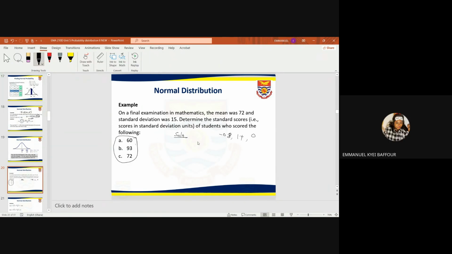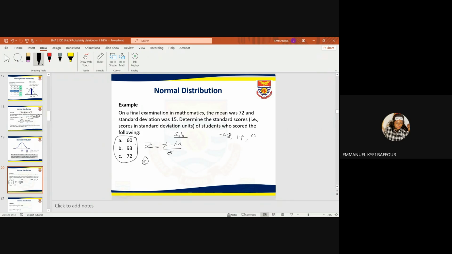Okay. So how did you get your negative 0.8? You subtract the 72 from the 60. So your z score will be given as x minus mu divided by the standard deviation.